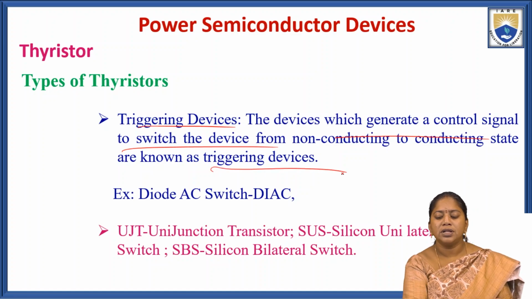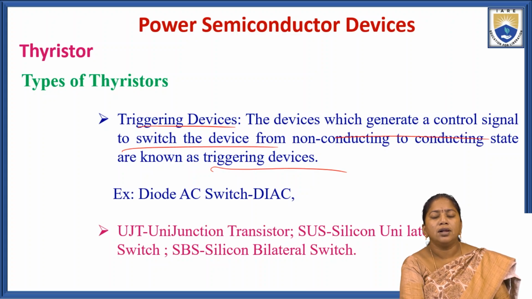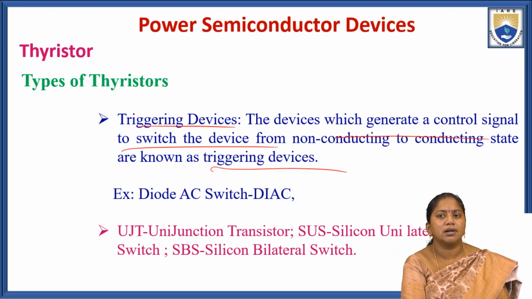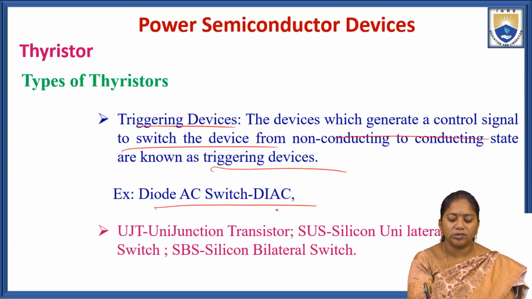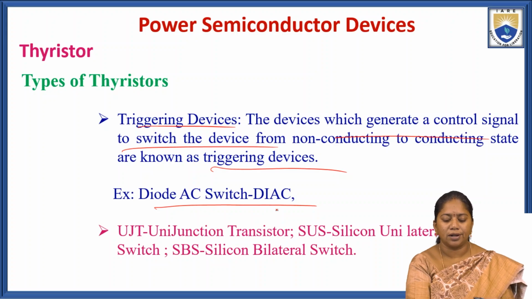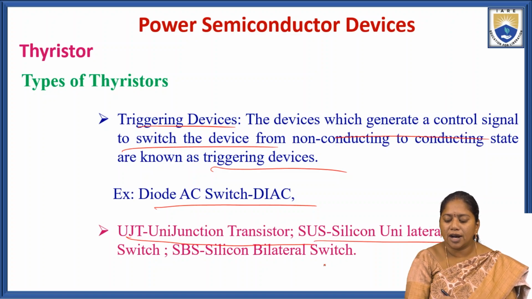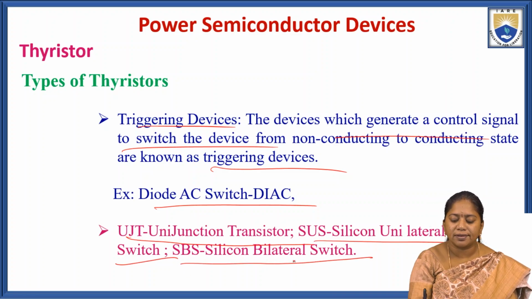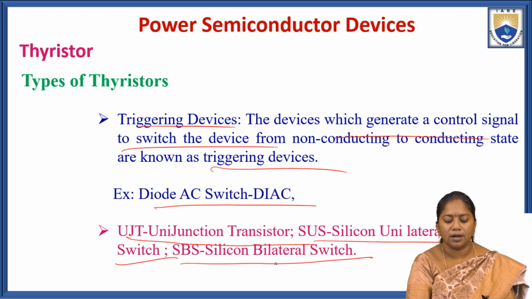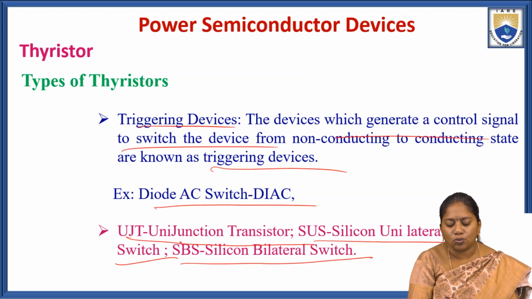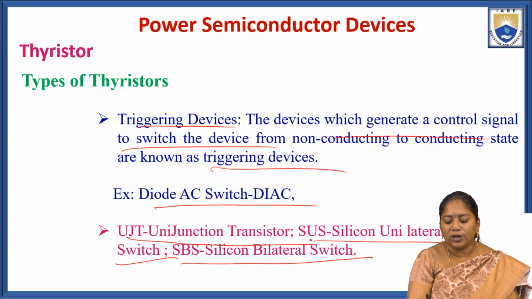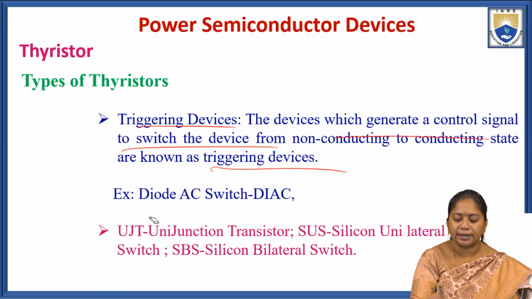Examples are the diac, UJT, which means uni-junction transistor, SUS, silicon unilateral switch, and SBS, silicon bilateral switch.